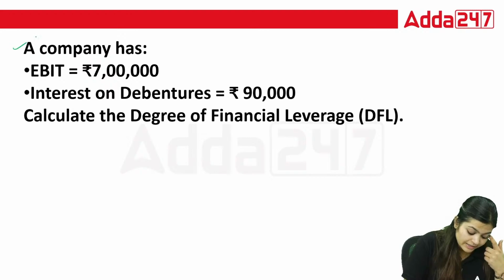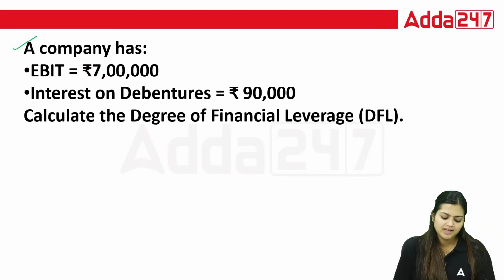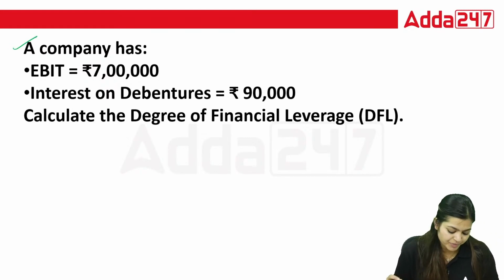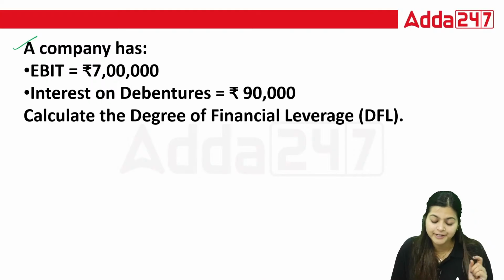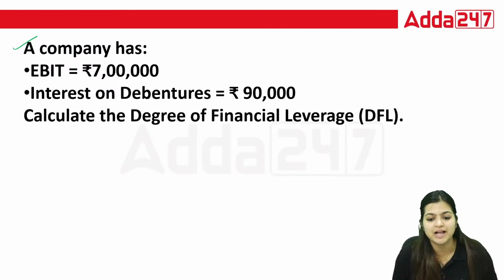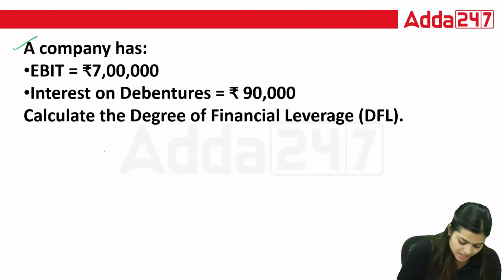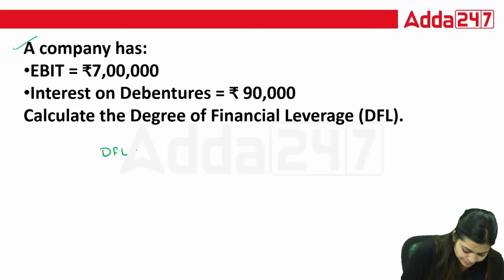Now, next question. A company has EBIT of 7 lakhs, interest on debentures 90,000. You need to calculate the degree of financial leverage. So here DFL is equal to EBIT divided by EBT.